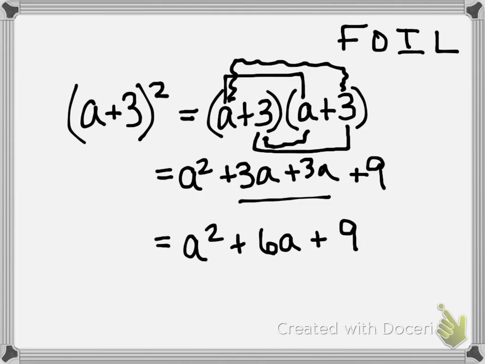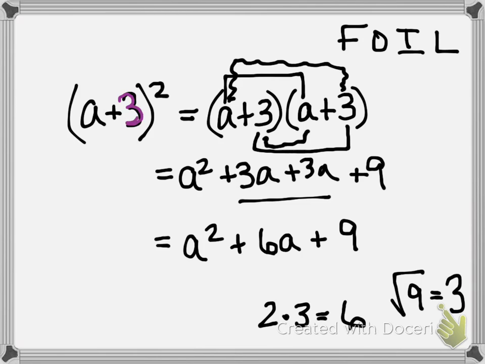Now if you look at 9, what is the square root of 9? That's 3. And what is 2 times 3? That's 6. Now go back to our original binomial. 3 squared is 9, and 2 times 3 is 6.